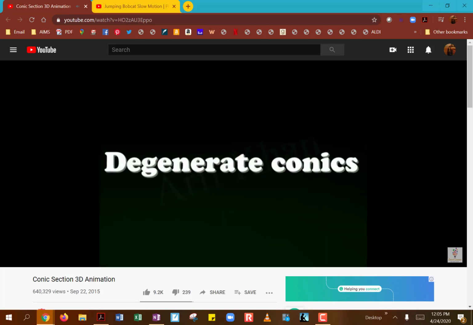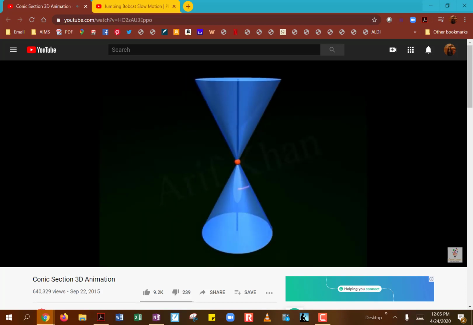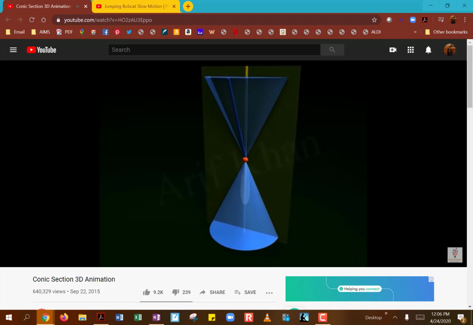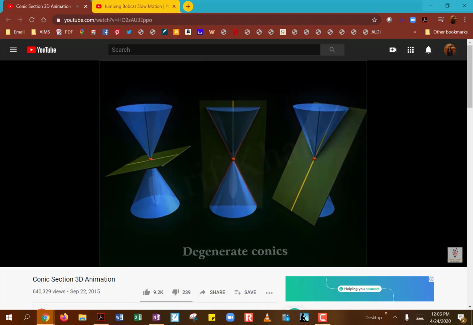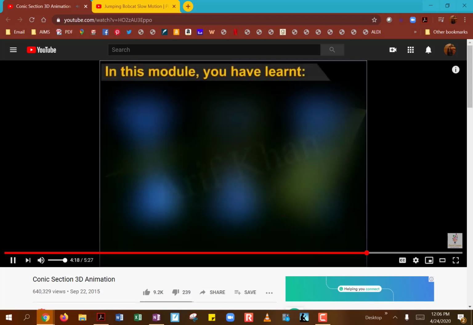Degenerate conics. If the plane intersects the double right circular cone at its vertex, the ellipse becomes a point, the parabola becomes a line, and the hyperbola becomes two intersecting lines. The figures so obtained are called degenerate conics. In this module you have learned.